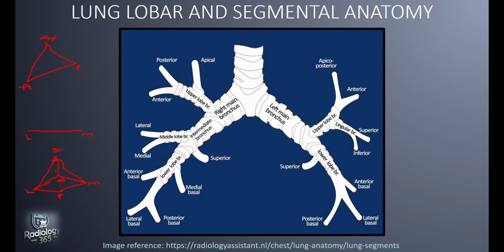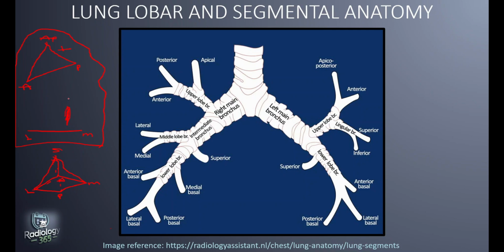And then when I come to the left, I just translate that same knowledge, but this time I make a few tweaks. So for the left side, all this is part of the upper lobe. The apical and posterior are combined. The horizontal line is no longer a horizontal line, but this time a vertical line, and represents the lingula.